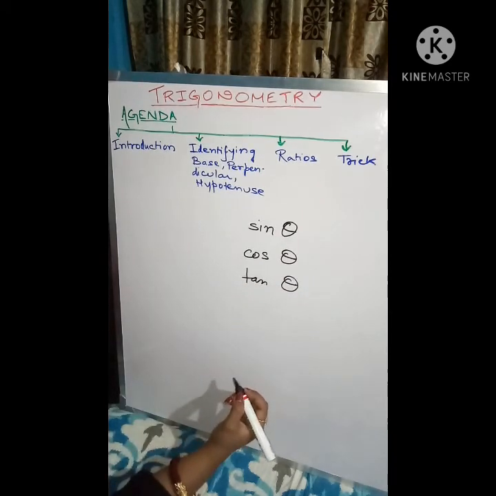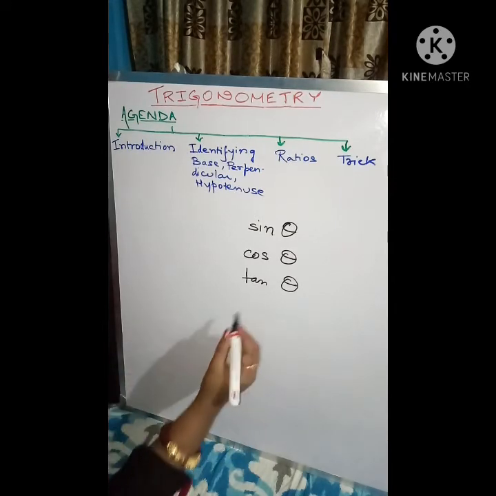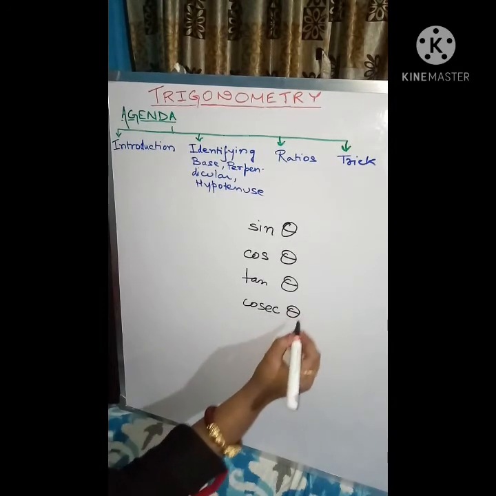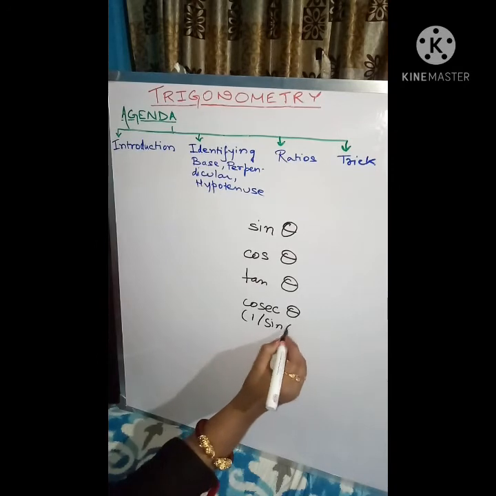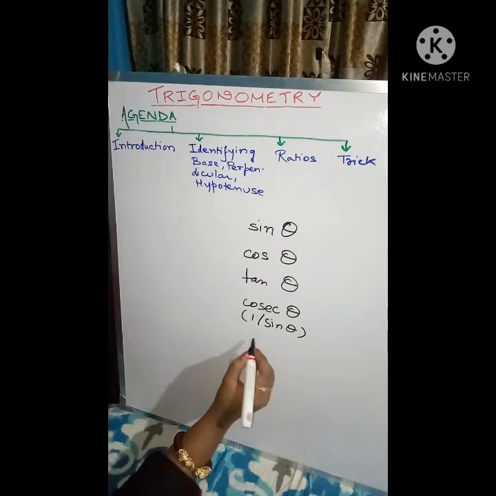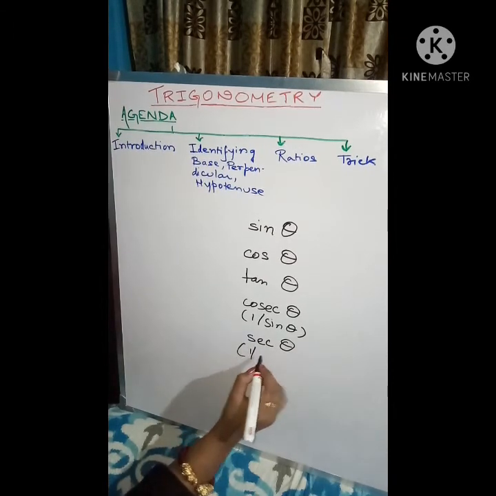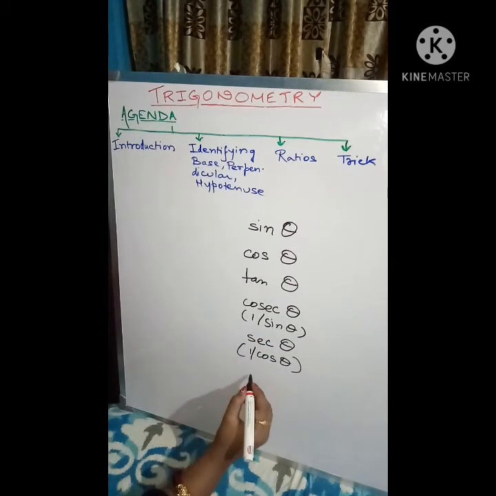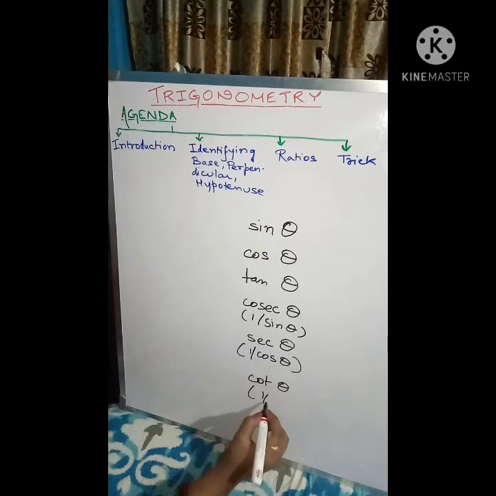These are the basic ratios, and next comes cosec theta, which means 1 by sin theta, that is the reciprocal of sin theta. Sec theta, which is the reciprocal of cos theta, and cot theta, which is the reciprocal of tan theta.